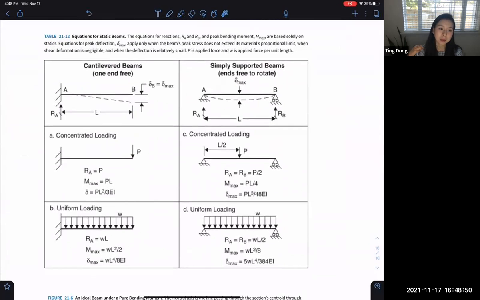And this is basic information. I'm pretty sure that you all learned this in either mechanics of materials or a similar class, or I think there's a class called aero structure.